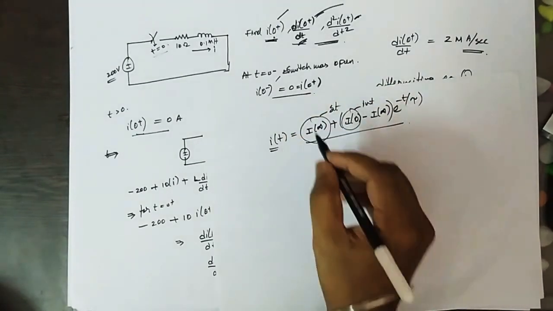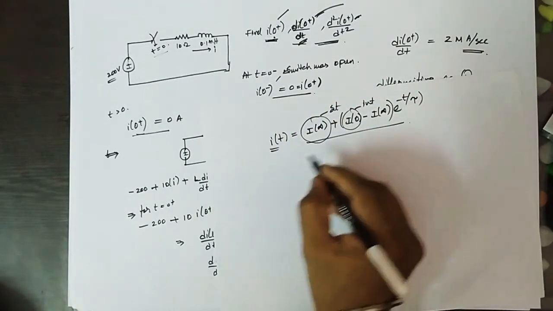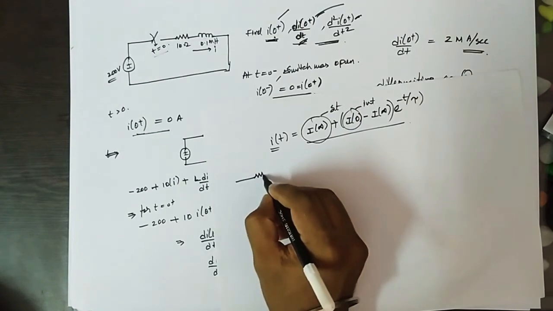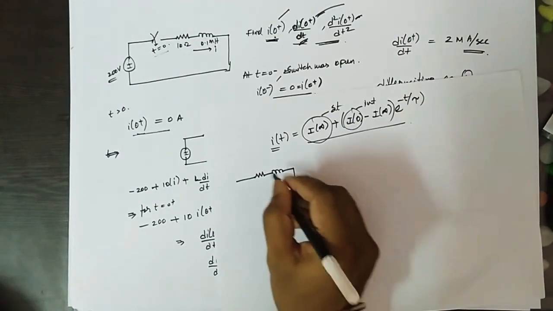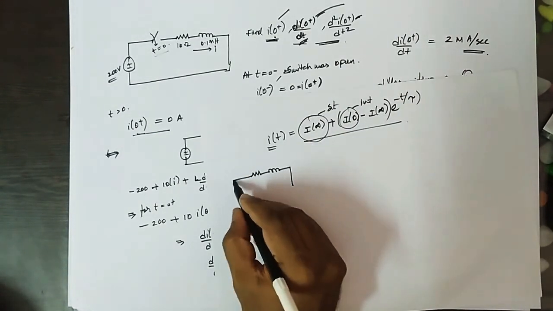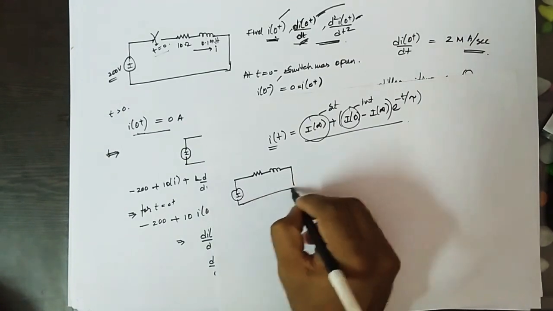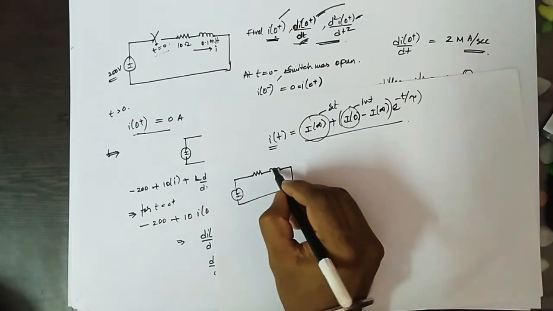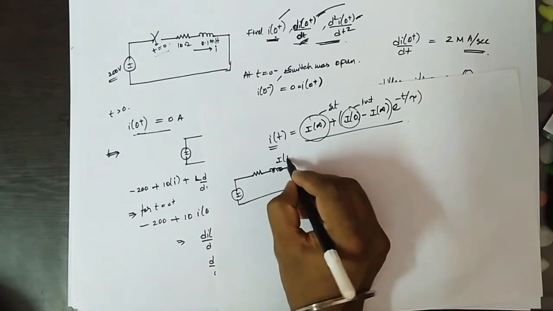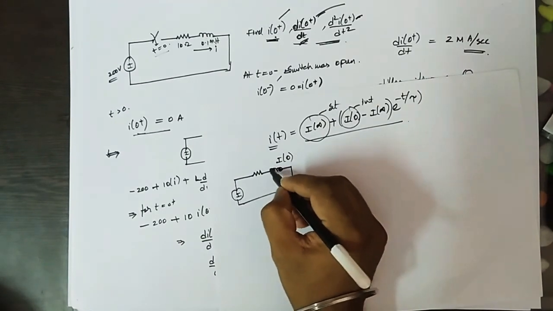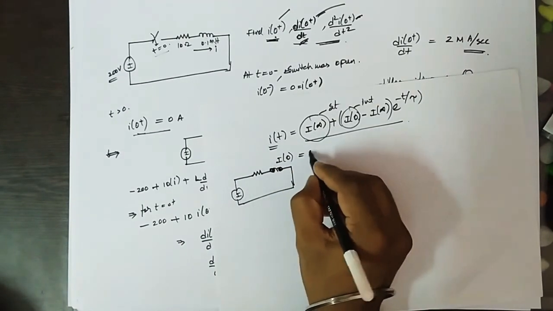If this inductor doesn't contain initial current, it will behave as an open circuit at the start. So i of 0 will become 0.